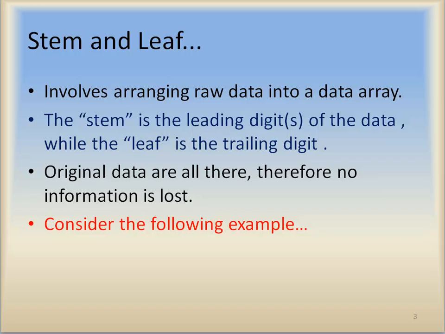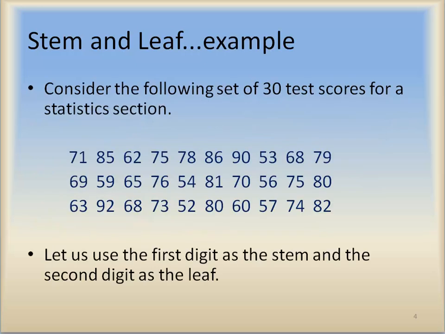Now, imagine the following example. Let's say we have 30 test scores for a statistics section. The first student got a 71, the second student an 85, the third student a 62, and all the way down to the last student who got an 82.